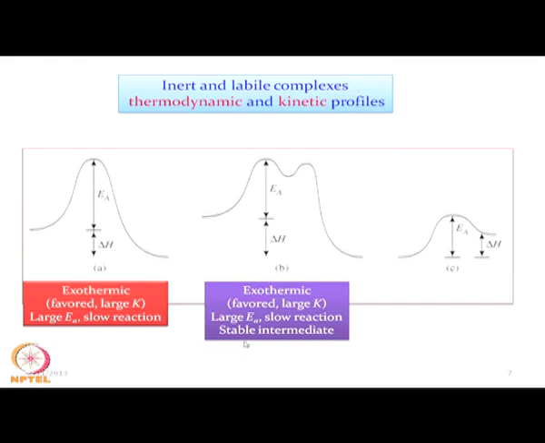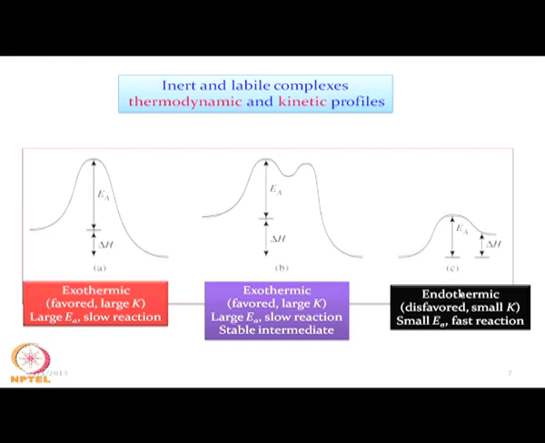So, though everything is the same, we can consider that the nature of the reaction is different, because in this particular case we have the stable intermediate. And in the third case we have an endothermic reaction, because delta H is greater than 0 and therefore, the reaction is disfavored, which has a small k value.